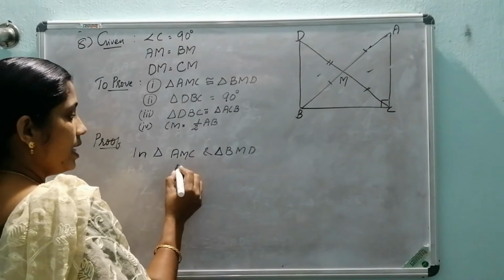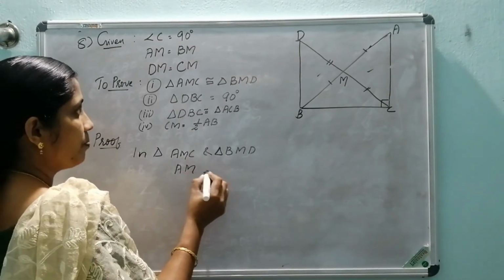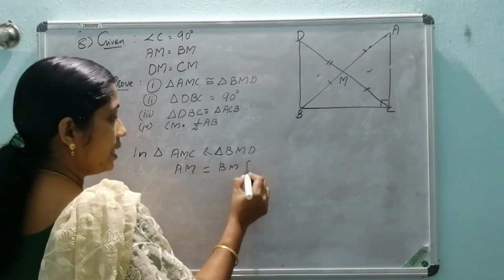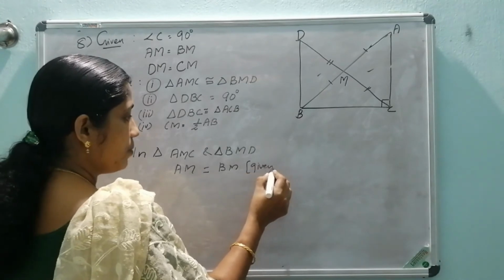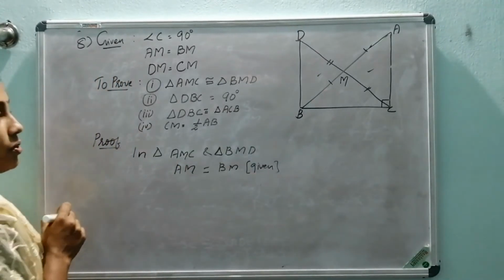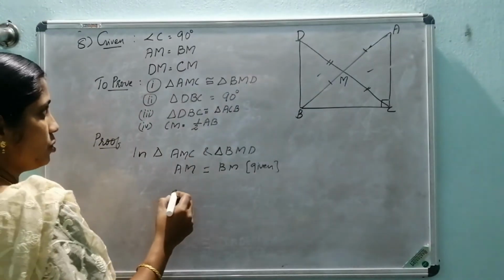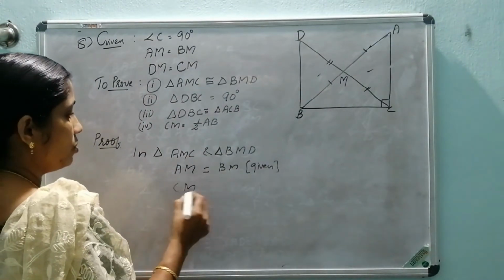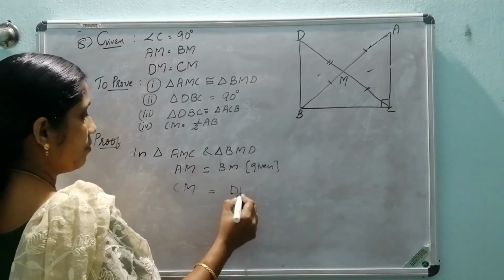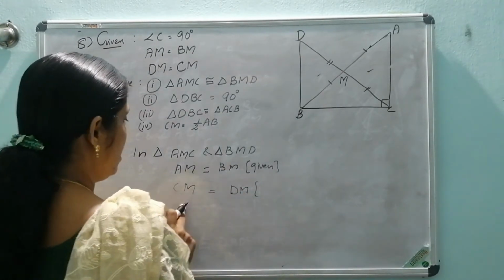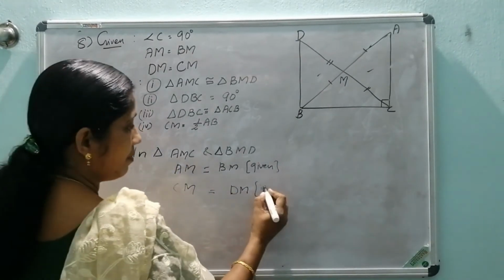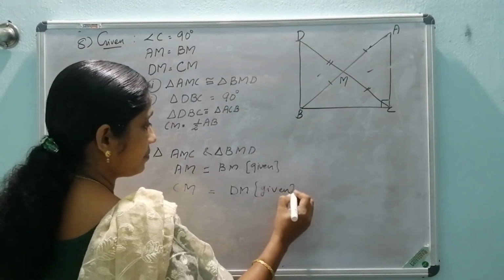So we can write there, AM is equal to BM. Reason, it is given. Then it is also given that CM is equal to DM. That is also given there.